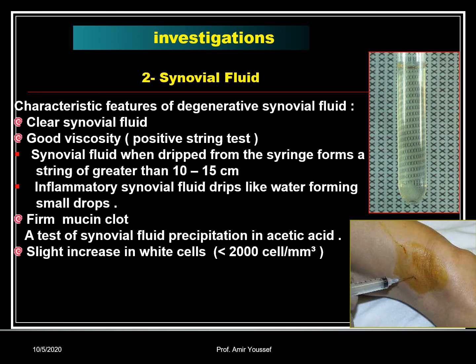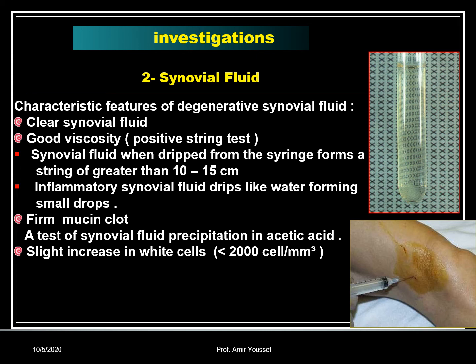Synovial fluid. Characteristic features of degenerative synovial fluid. Clear synovial fluid, as you see here. Good viscosity or positive string test. Synovial fluid, when dripped from the syringe, forms a string of greater than 10 to 15 cm.